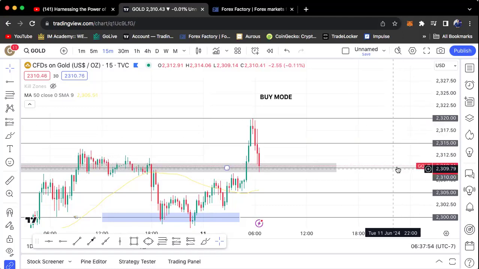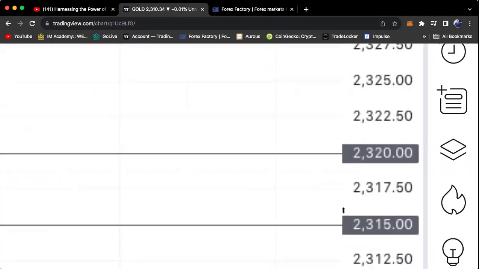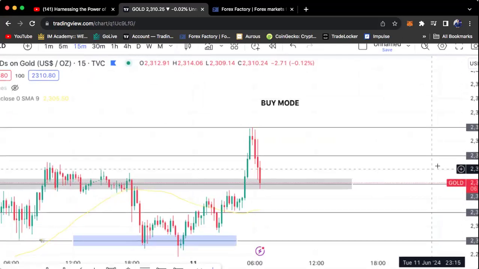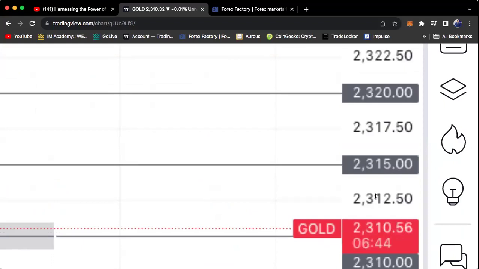If gold goes up from 23.10 to 23.15, that's 50 pips in total, because each dollar equals 10 pips. So this is increasing by $5 from 23.10 to 23.15, and that's 50 pips.